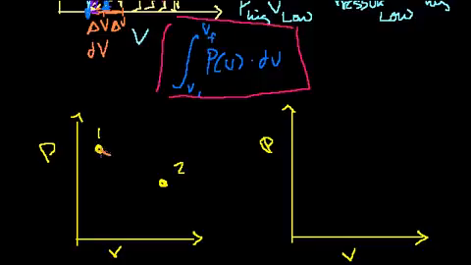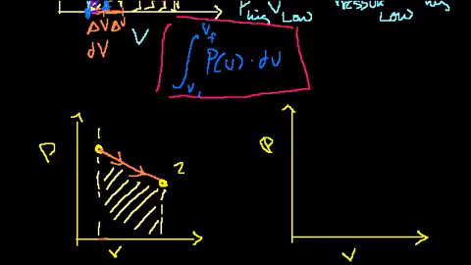So our system essentially pushed up on the piston, and it could be a curve or a line. I'm not going to get too particular right now, but it was going in this direction. And so we can say that the work done was the pressure times the increase in volume at any moment. So the work done was the area under that curve.